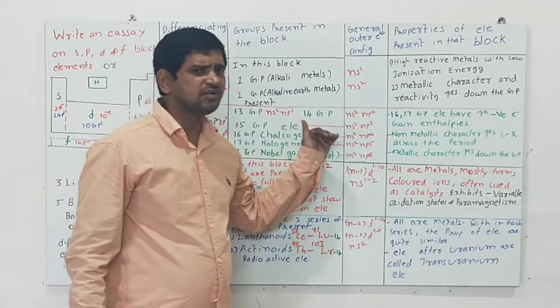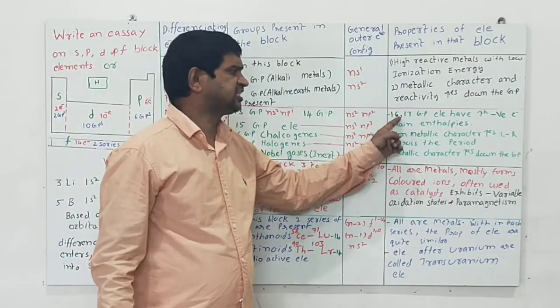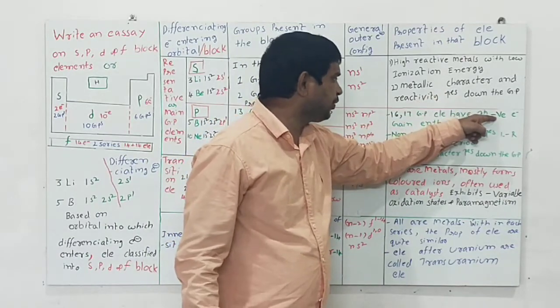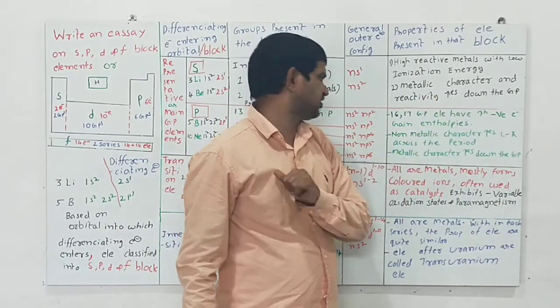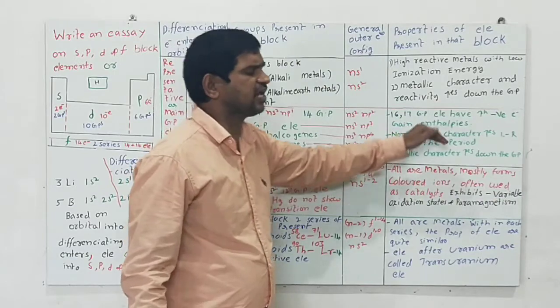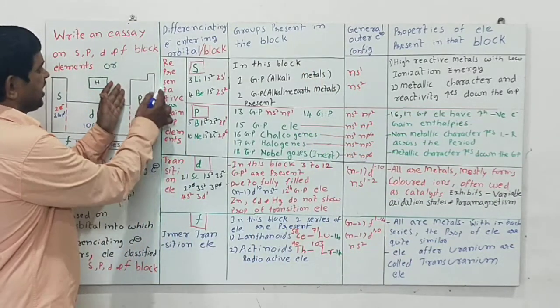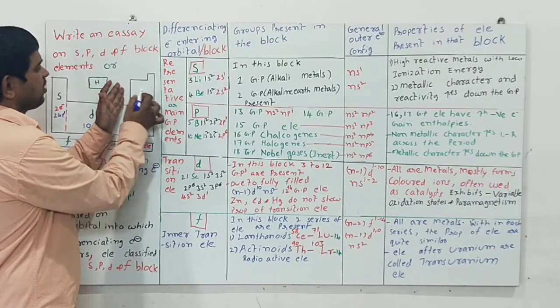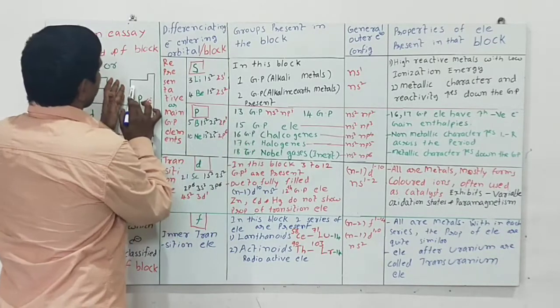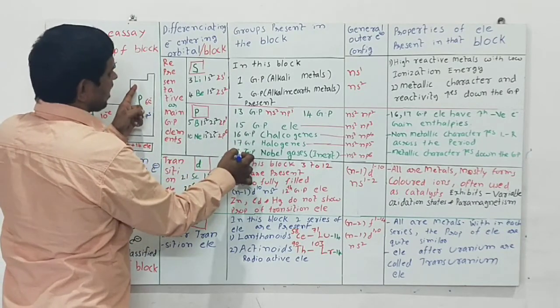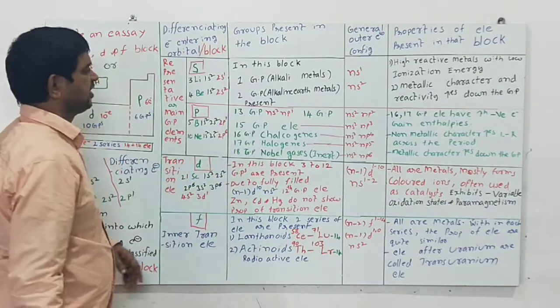Now properties of these elements: 16th and 17th group elements have high negative electron gain enthalpies. Next, non-metallic character increases from left to right. See here, this is left, this is right. From left to right across the period, non-metallic character increases, so from 13th to 18th non-metallic character increases.